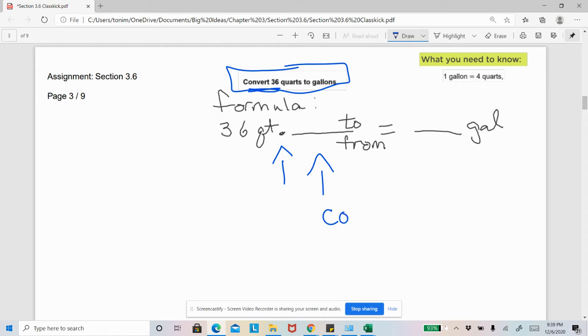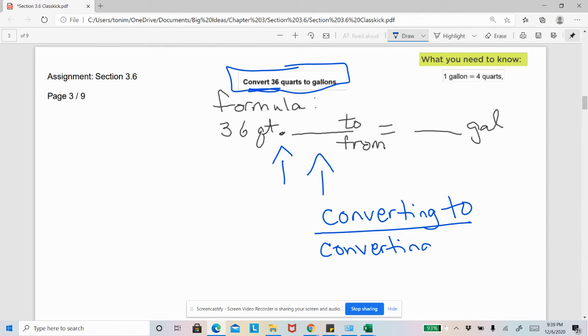What you're really saying is what you're converting to, over what you're converting from. Okay, equal sign, obviously you know what an equal sign is. And then this is going to be the answer, and of course you're ending with gallons, because that's what you're converting to. Okay, so we're going to answer these questions.